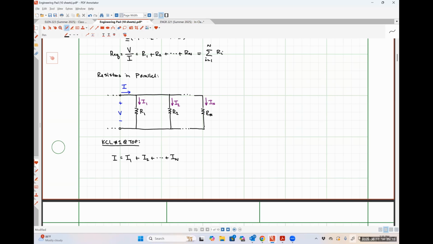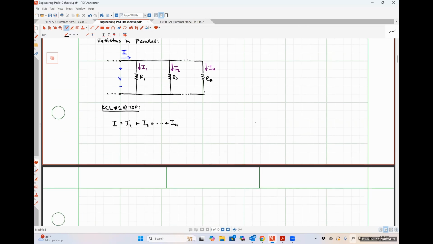So now I can express all of those resistor currents in terms of that common voltage V, because whenever we have elements in parallel, like all of these resistors, we know that they all share the same voltage drop.